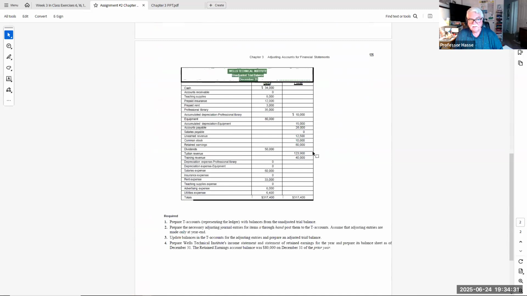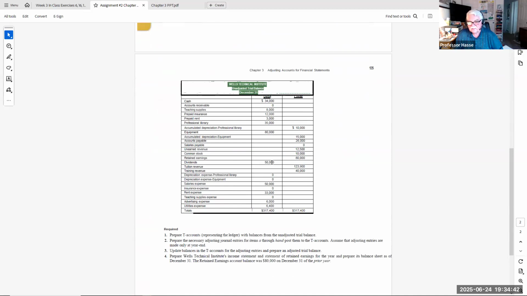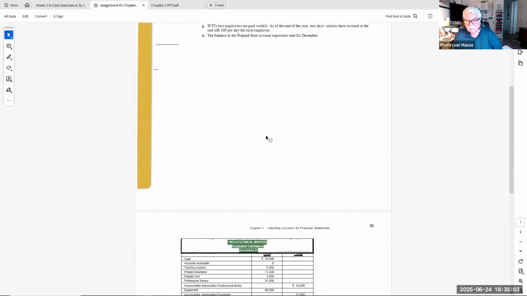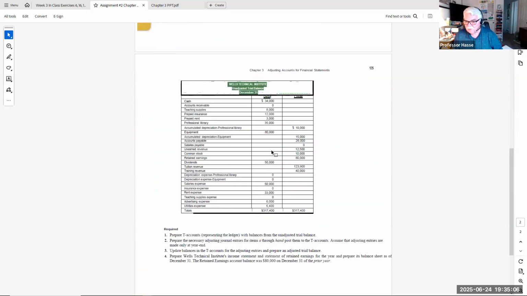And here it is right here. Here's their unadjusted trial balance. They haven't made the journal entries yet. You haven't made the journal entries yet. This is their unadjusted trial balance. Now, your job in this problem is to do these adjusting entries A through H. You're going to do these adjusting entries, and then you're going to make the adjustments to the account balances and come up with an adjusted trial balance.